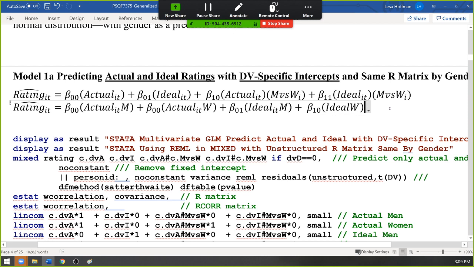You could do 4 intercepts. Then the model would give you all 4 means, and any possible difference that you would want is a linear combination. So I would recommend picking one of these 2 approaches.